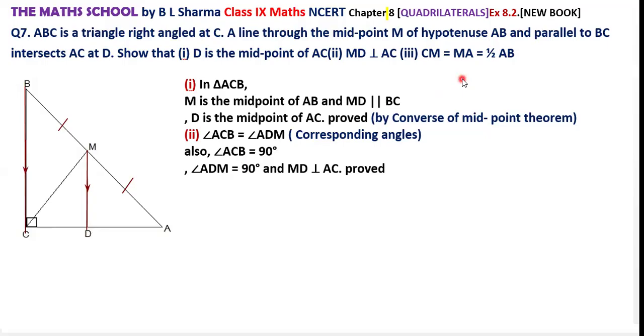For the third part, what we do, we take these two triangles, MCD triangle and MAD triangle. MD is common and say this angle is 90 degrees, this angle is also 90 degrees.